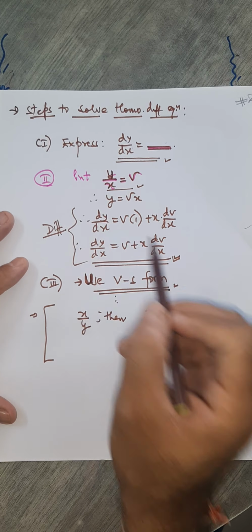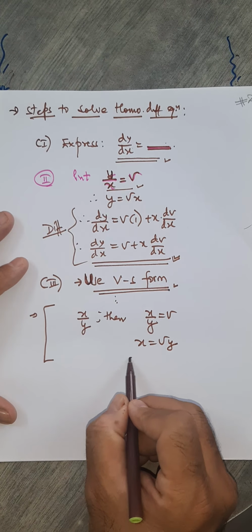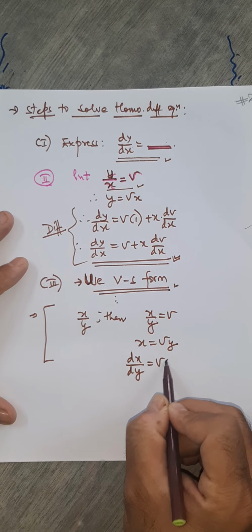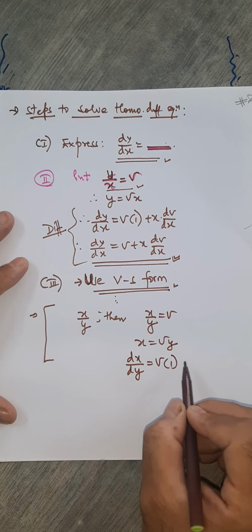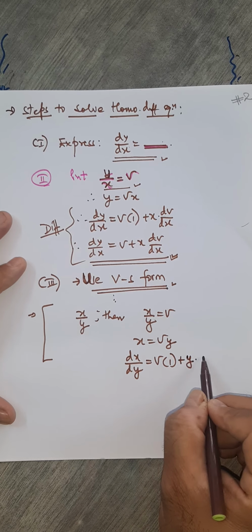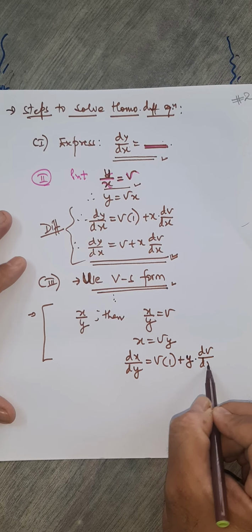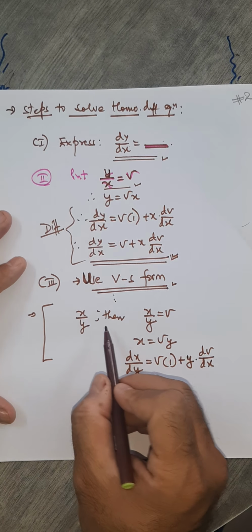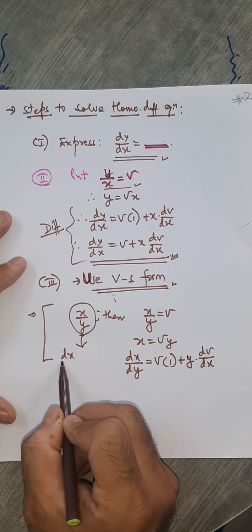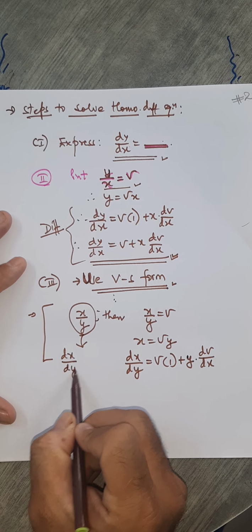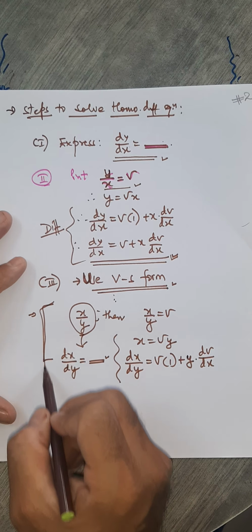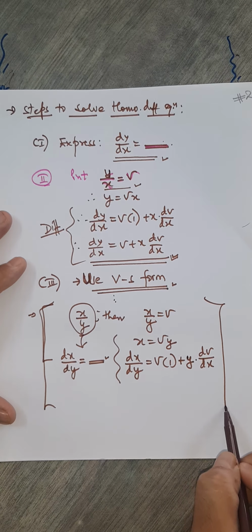Remember, earlier I had differentiated with respect to x. So dx by dy, product rule: v as it is, derivative of y with respect to y is 1, plus y as it is and derivative of v. And in this case your differential equation should be expressed in this form, dx by dy equals to some expression, remember.